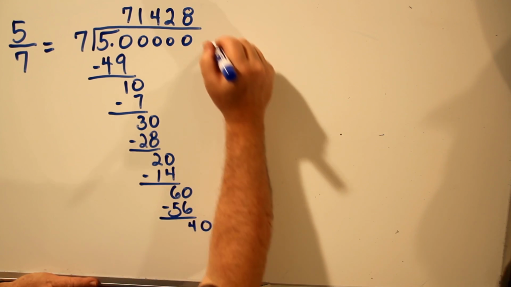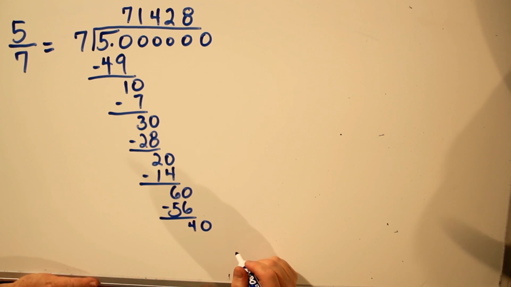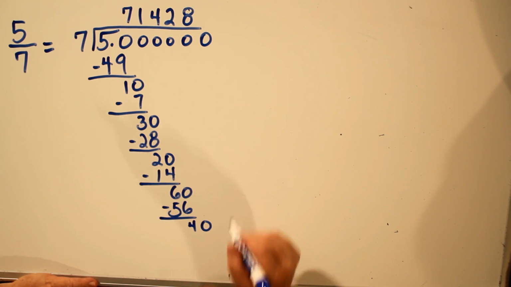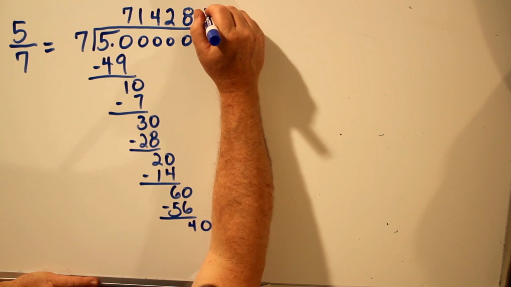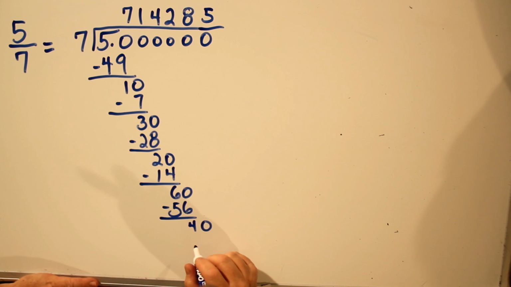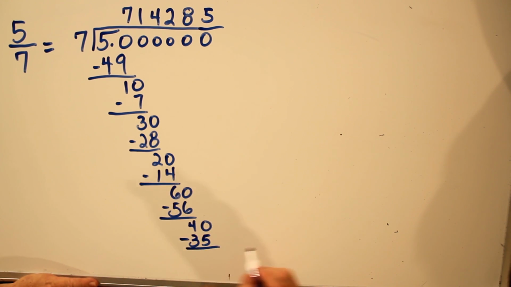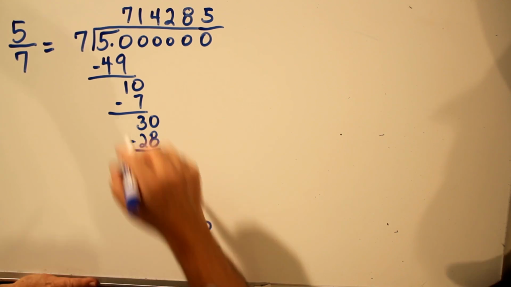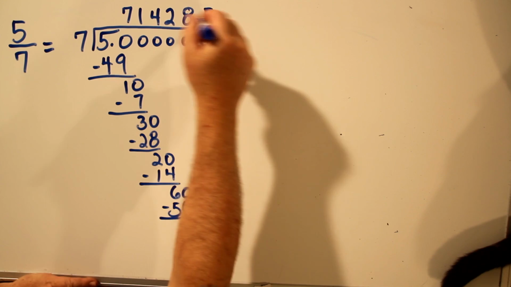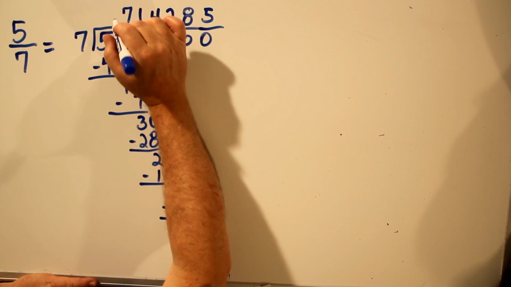Subtract. Bring down another 0. 7 into 40, 5 times. 5 times 7 is 35. Subtract. And now we get 5. And we're back to where we started. So this whole thing is going to repeat.